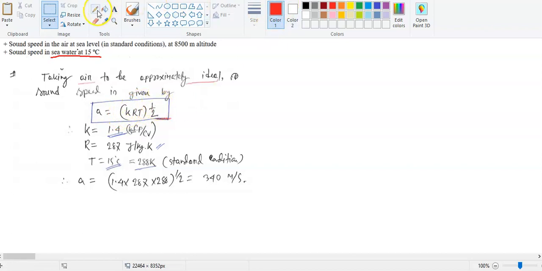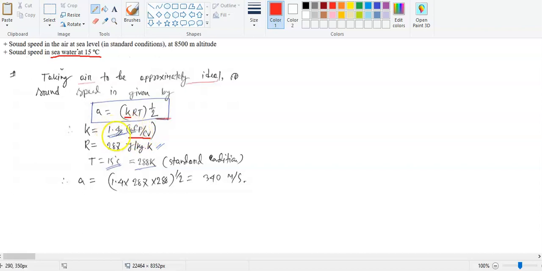But the basic thing here is you need to know what K is, what R is, and T is the temperature we all know. K is the heat capacity ratio. This is constant. If you see this definition here, K equals Cp over Cv, you will get these relations from any chemistry book, the relation between Cp and Cv.